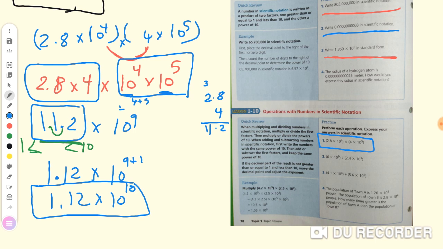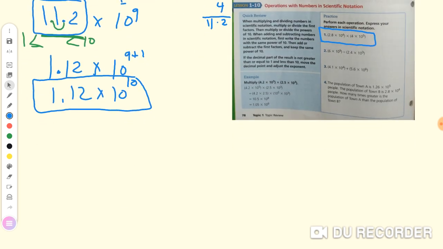Okay, let's take another example, the last one, number 2. It's 6 multiply 10 to the power 9 divided by 2.4 multiply 10 to the power 3.